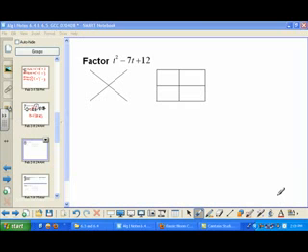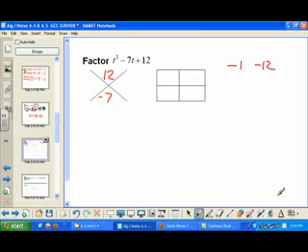So let's look at this one. Now, can I factor out anything? The only greatest common factor here is a 1. So I can't do anything. So I take 1 times 12 is 12. Negative 7. So since I have a positive and a negative, I have a positive, so both are going to be negative.